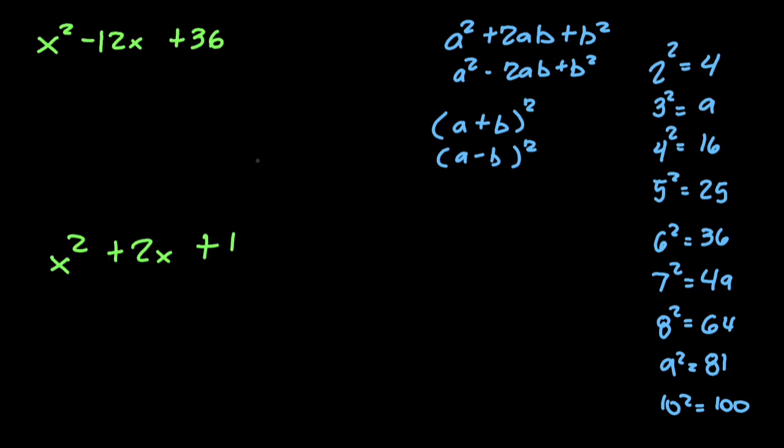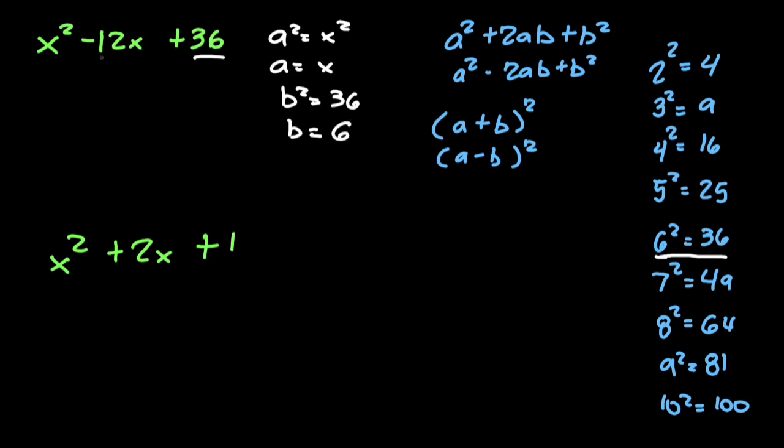X squared minus 12x plus 36. So we know that 36 is the square of 6, 6 times 6. So a squared would be x squared, so a would be x, and b squared here would be 36, so b would be 6.